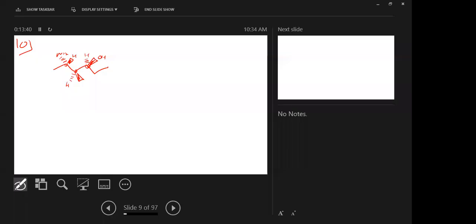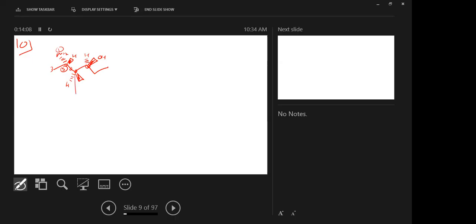And it wants us to determine whether it's S or R. So for site 1, we have nitrogen, which would be priority 1. Then we come 2, 3. This would be the S designator. This one would be 1, 2, 3. So this would be S.